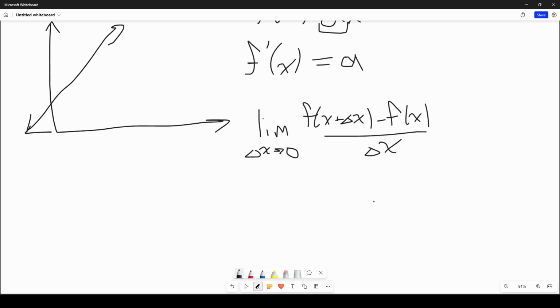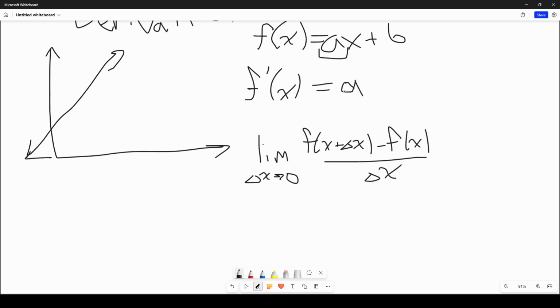So what is x plus delta x? Well, we just plug it into here and we get ax plus a delta x plus b. Then subtract f of x, which is going to subtract ax and subtract b. All of this over delta x.